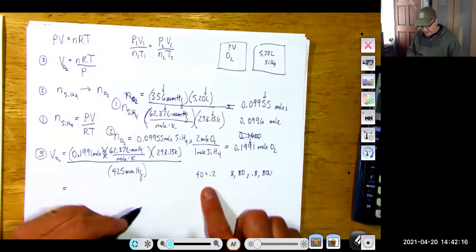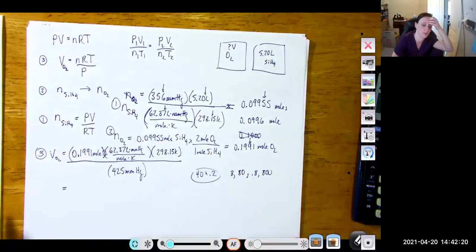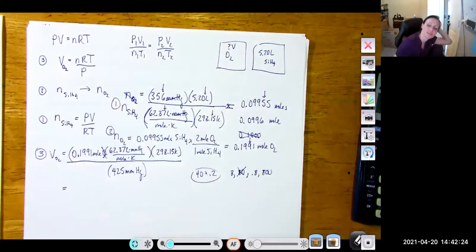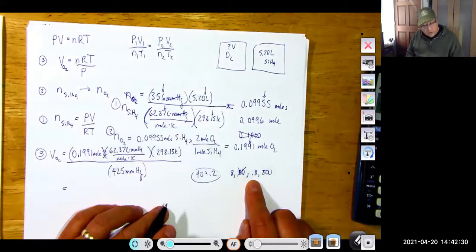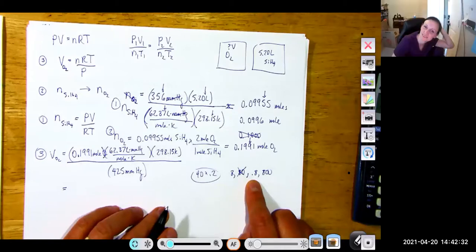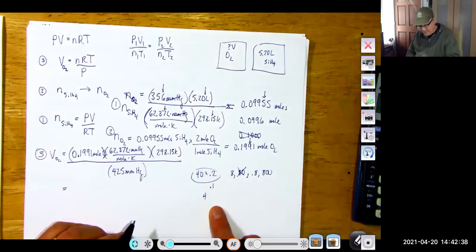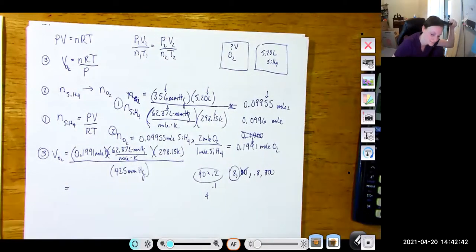Which one of these is it? It can't be 80 because you can't multiply by 0.2 and get a bigger number, right? 0.8 would be too small though, because if you multiply by 0.1, you'd get 4. So it's got to be 8. Okay, so we're going to estimate the answer is 8.